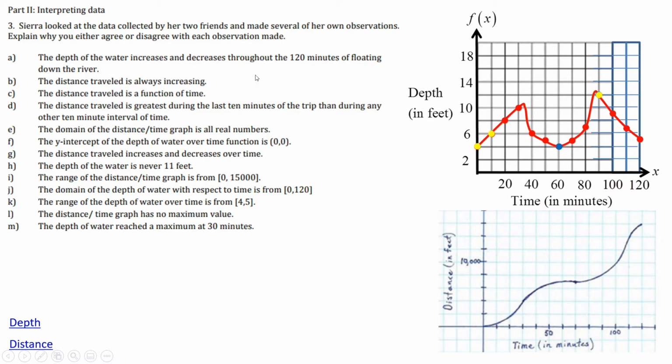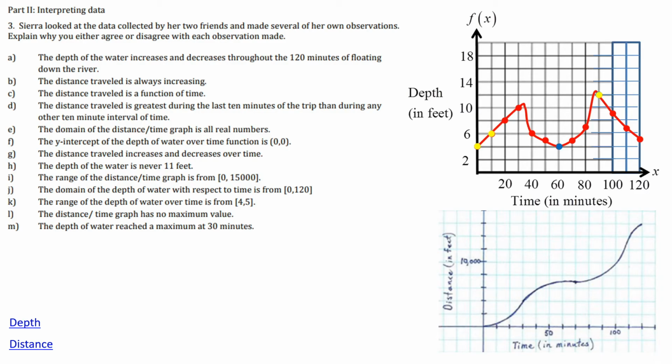So let's think of this as like Sierra is looking at this data right here and making these observations. Think about this as a test. How's she doing? And remember, she's floating down the river. She's just learning this stuff on key features. So don't judge. Let's just help her out.